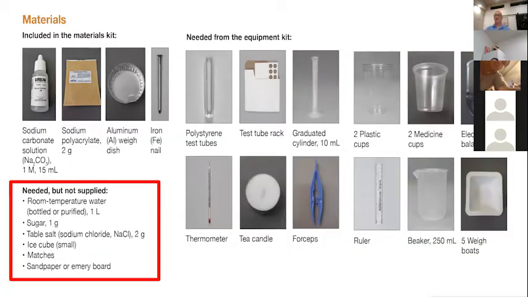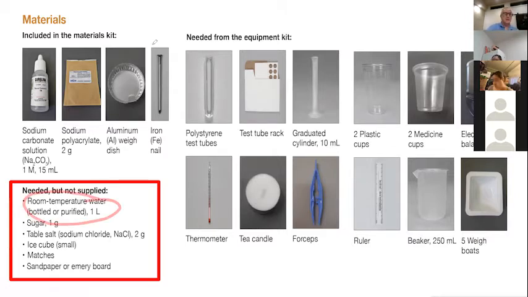So hopefully you've read this because there are a lot of experiments we're going to be doing. There's a whole bunch of different things you need. And the things that you need, hopefully, because you read this already, that aren't in the kit: you need some water, quite a lot of water, actually.